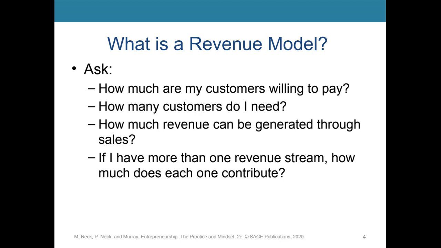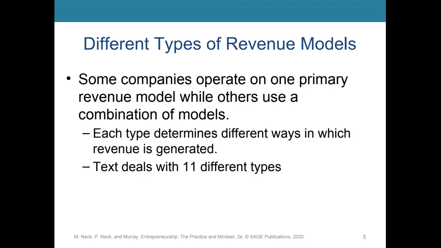So next up, there are various types of revenue models. I'm not going to go through the revenue models tonight. Your textbook lists, I've got it on the slide, about 11 revenue models. Have a look at those different models, read through them. But understand this: companies are typically not hung up on one single revenue model.